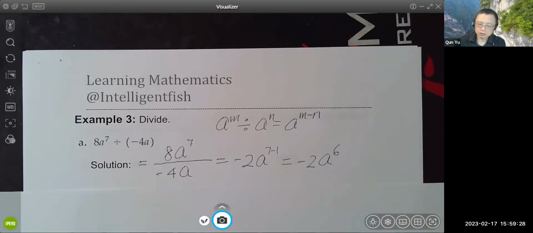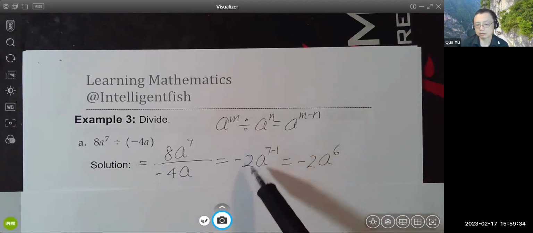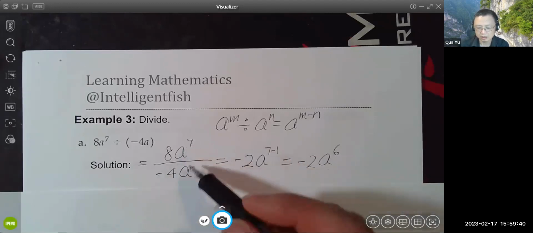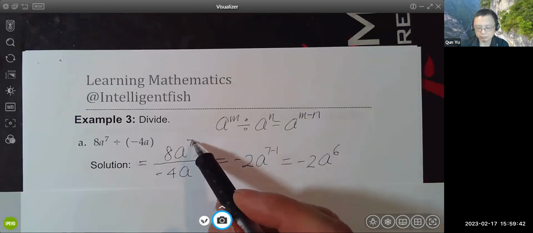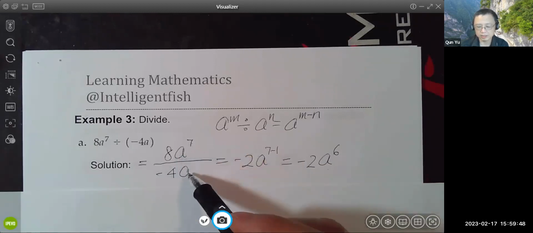Actually, you can go from here to here directly without using this formula. Actually, it's not without using that formula, but without knowing that you use that formula, because you can do it from common sense. You have 7 a's multiplied together on the top, 7 a's in a row, a times a times a times a, and so on. You have 1 a on the bottom.